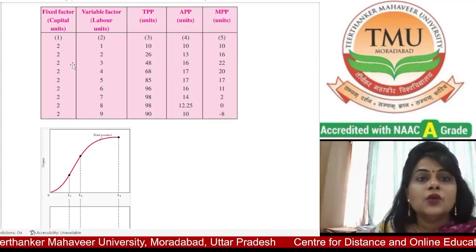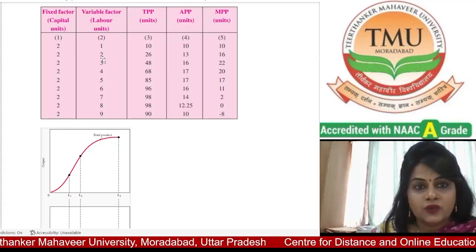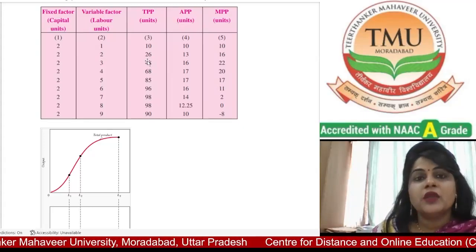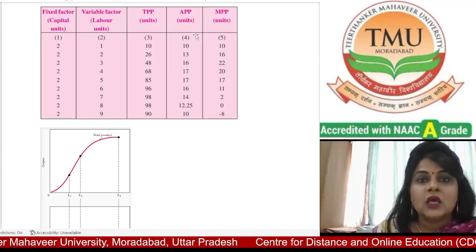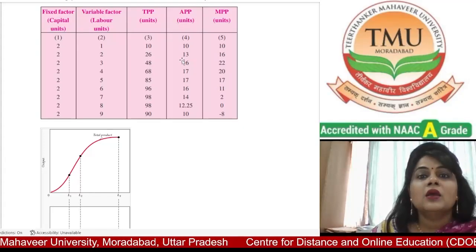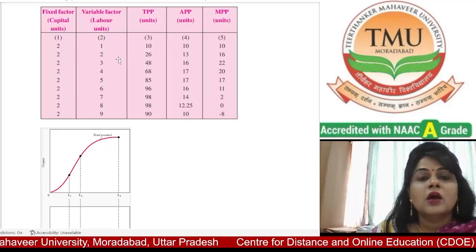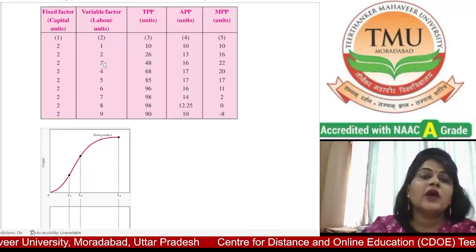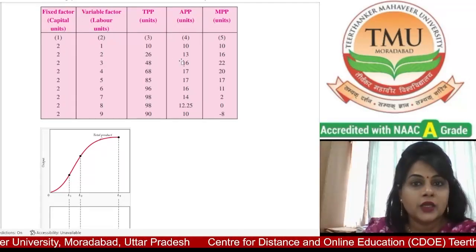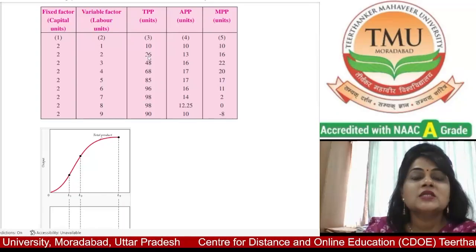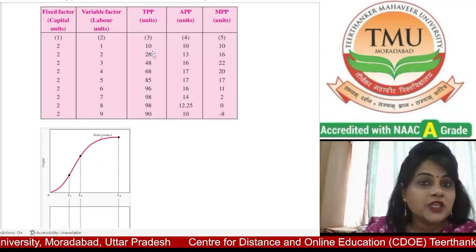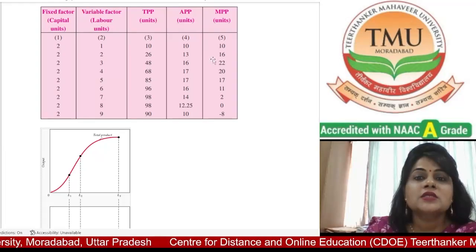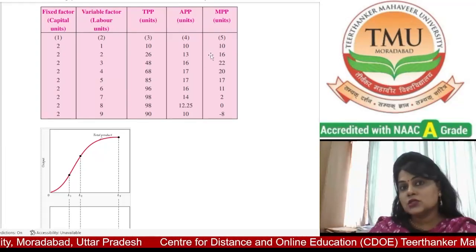Now, using two fixed factor and two variable factors, TPP increases very fast. It becomes 26 and APP 13. How can you get APP? 26 divided by 2, it's 13. Now MP is 26 minus 10, the additional unit, so it is 16. I have also discussed it.